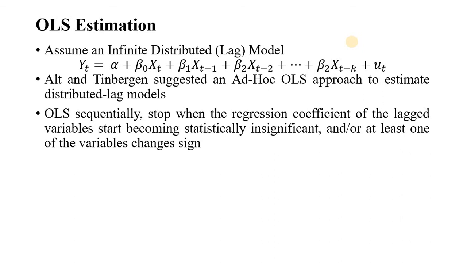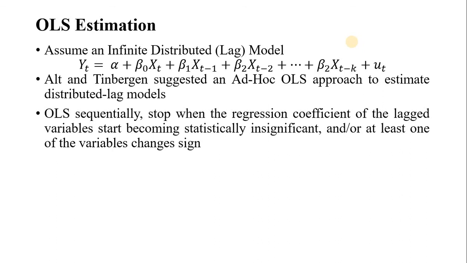We have additionally included xt minus 2, so you look at its coefficient, whether it is significant or not. It is significant. Now you include one more variable, xt minus 3, but now it is not significant. So you stop there. Where do you have to stop? At xt, xt minus 1, xt minus 2.